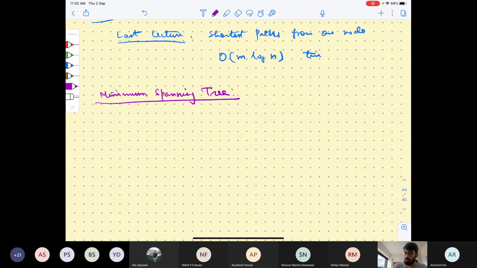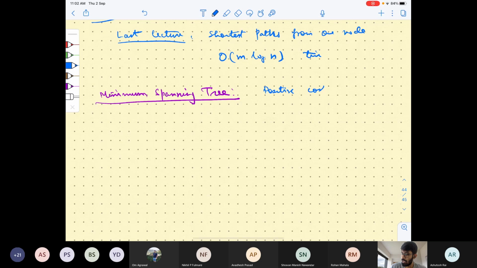So what do we want? We are given a graph. Suppose the graph is connected. So we want to preserve the connectivity between all the nodes. So we want a connected subgraph. But we want to connect them as cheaply as possible. So let's assume positive costs for edges.